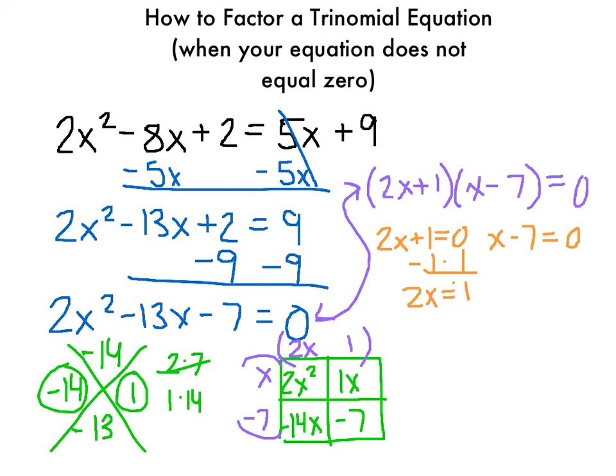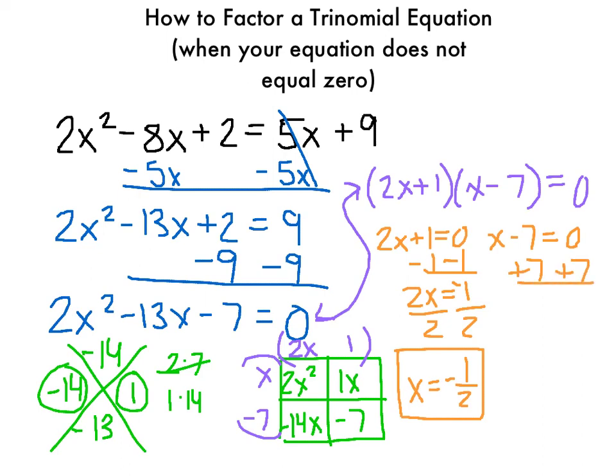Remember, that stands for both sides math. So we get 2x equals negative 1 when we subtract. Divide both sides by 2. X equals negative 1/2. There is our first answer right there. Same here, we add 7 to both sides. Then we get x equals 7. So these are our final answers: x equals negative 1/2 and x equals 7.